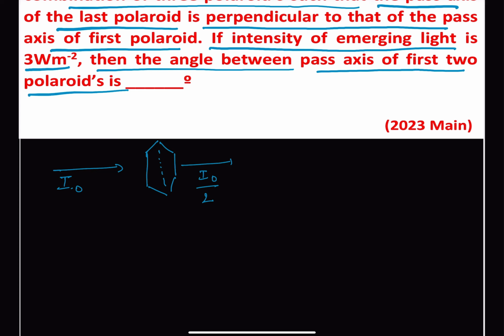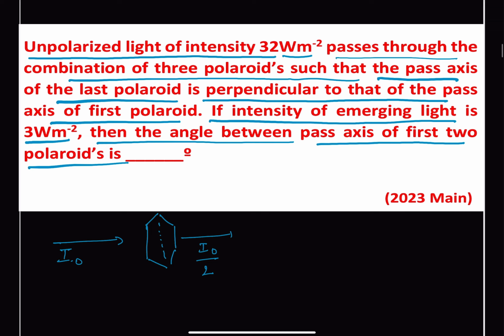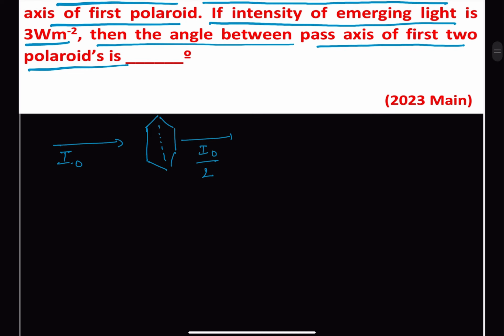We need to find the angle between the first two polaroids. For the second polaroid, let us suppose theta is the angle, and the output will be I0 divided by 2 times cos squared theta.